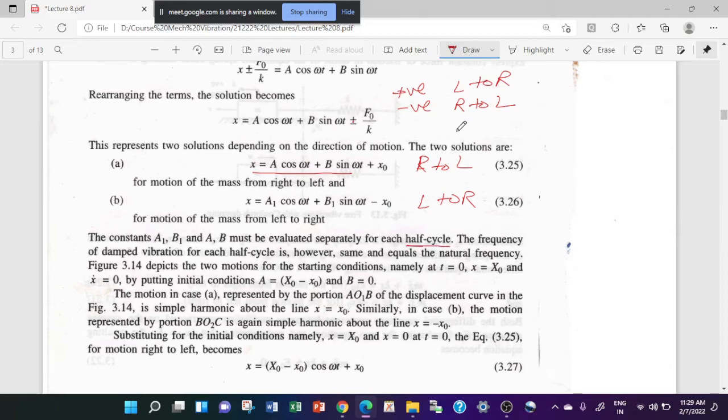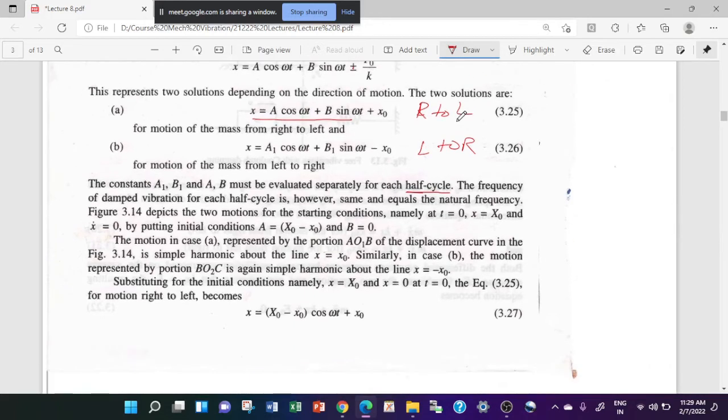Now let us have some condition. At t is equal to 0, x is given as capital X naught. At the same time, velocity is also equal to 0.